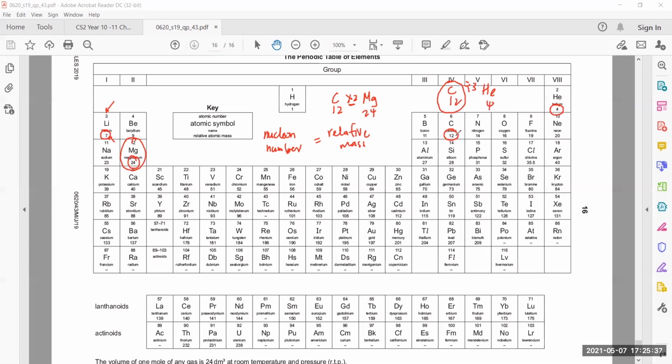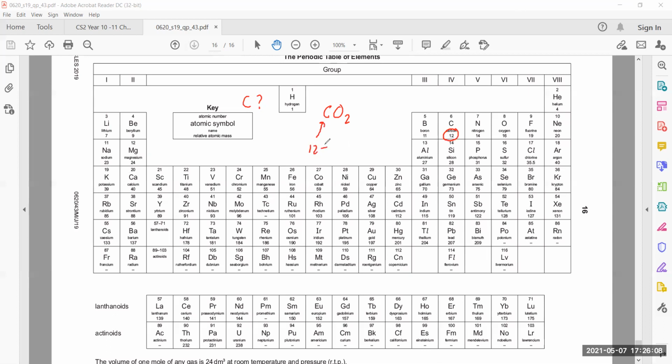All right. So now we talked about compounds. So for example, it's not just carbon we are talking about now. We also have carbon dioxide. So in terms of carbon dioxide, how heavy is the whole molecule of carbon dioxide as compared to carbon? So carbon is 12, plus oxygen.